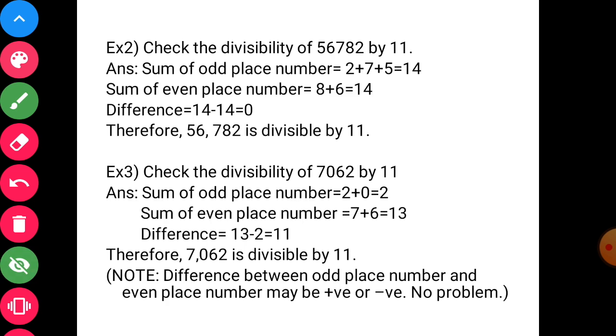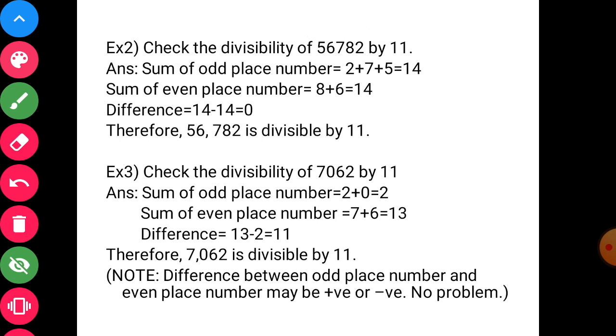Check the divisibility of 56,782 by 11. Once again, what we have to do? Add the odd place numbers, that is 2, 7 and 5. How much you will get? 2 + 7 + 5 is equal to 14, you will get.